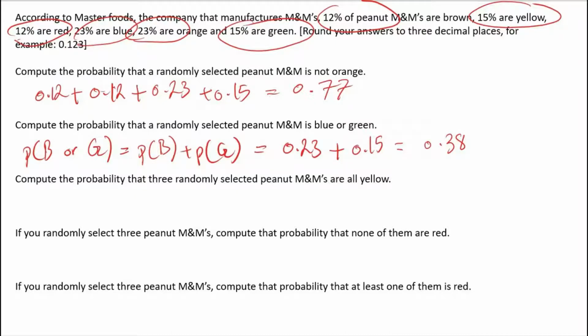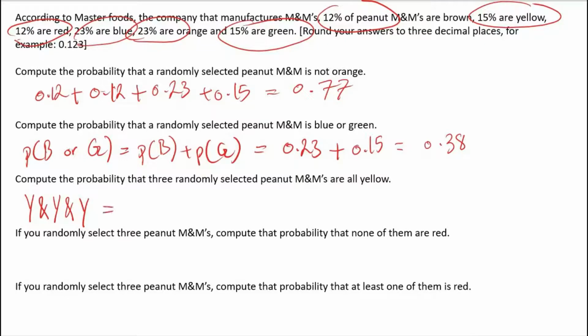We want next to find the probability that 3 randomly selected peanut M&Ms are all yellow. That is, say the first is yellow, and the second is yellow, and the third is yellow. Since we have and, we know that we're going to use the multiplication rule. So that is the probability of the first one times the probability of the second one times the probability of the third one. And we're using this rule because we know the events are independent, because we have percentages in this case.